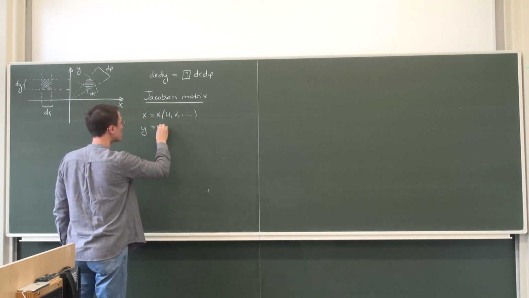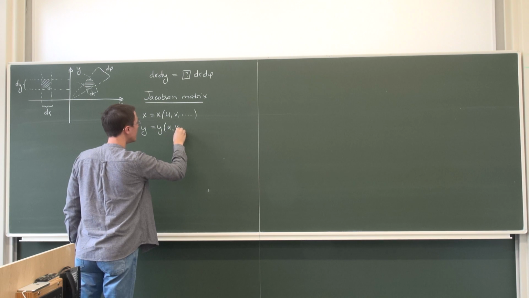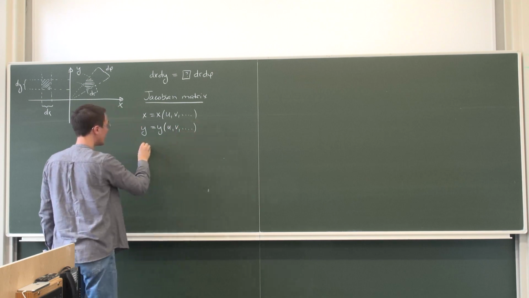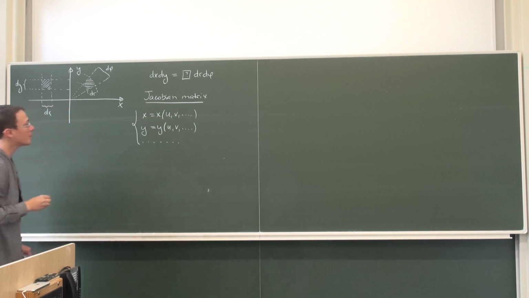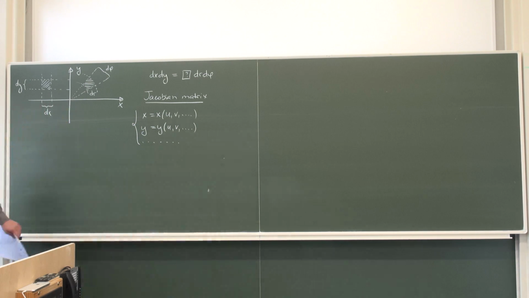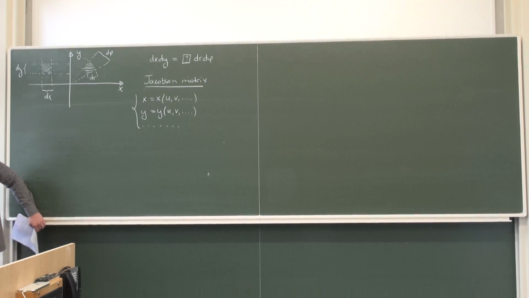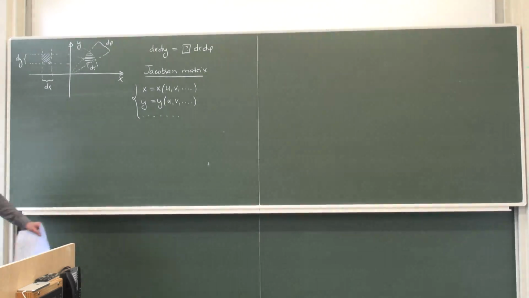That y is y of u, v, and so on. And this can continue. So we can in principle have one multidimensional system of coordinates being translated into another one by some functions. Then we can build the following matrix.